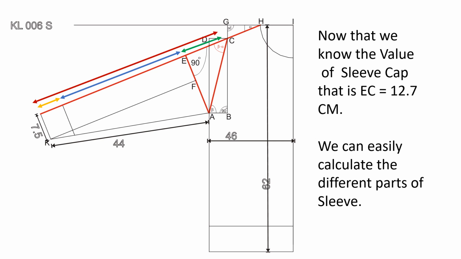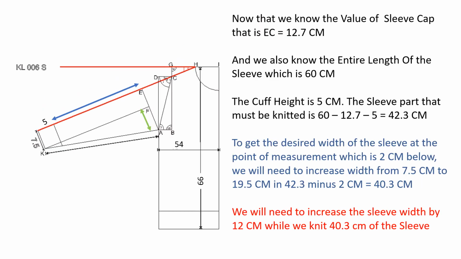The value of the sleeve cap also tells us the length of the sleeve we need to knit to get to the point from where we need to start the narrowing of the sleeve. In our case, the sleeve length measured from the shoulder is 60 centimeters, and the cuff height is 5 centimeters.